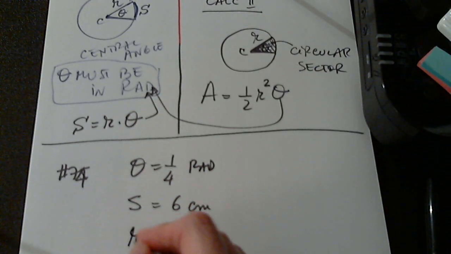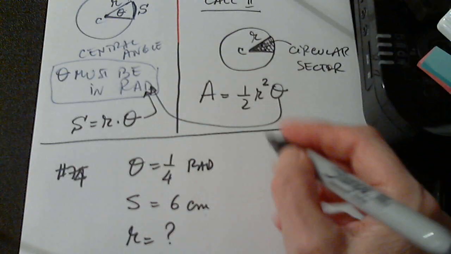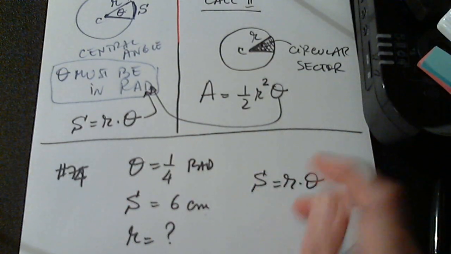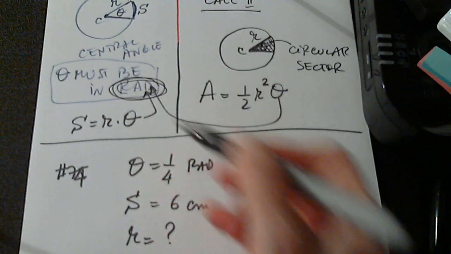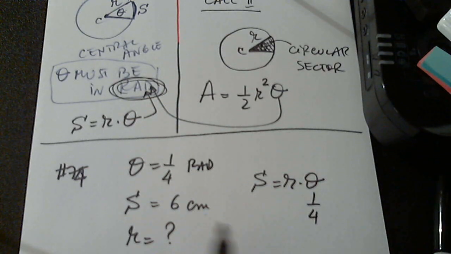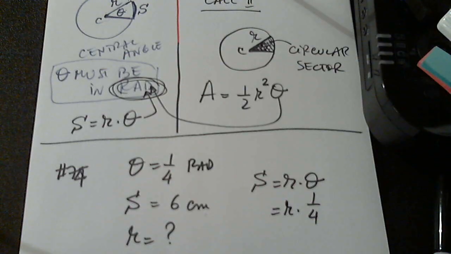And they want us to find the radius. Perfect. All I have to do is write this little formula. So s equals r times theta. Have to make sure that the angle is in radians, which it is. So this is 1/4. I am asked to find the radius, which I don't have. So r times 1/4. But I am given s as being 6.